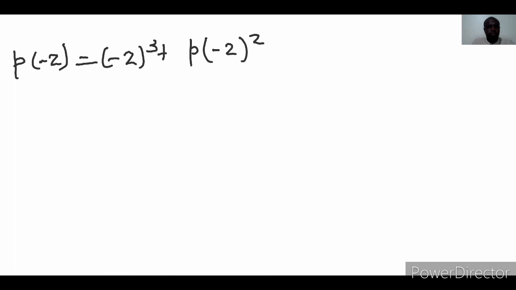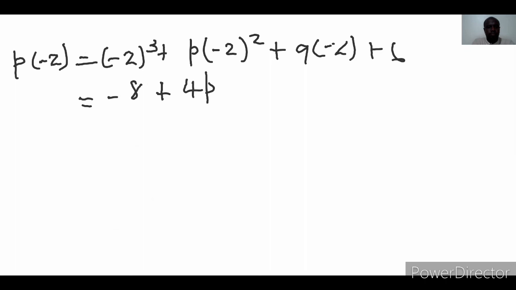So for equation number 2, we're going to have p of negative 2, which is equal to (negative 2) cubed plus p(negative 2) squared plus q(negative 2) plus 6, which is equal to negative 8 plus 4p take away 2q plus 6.